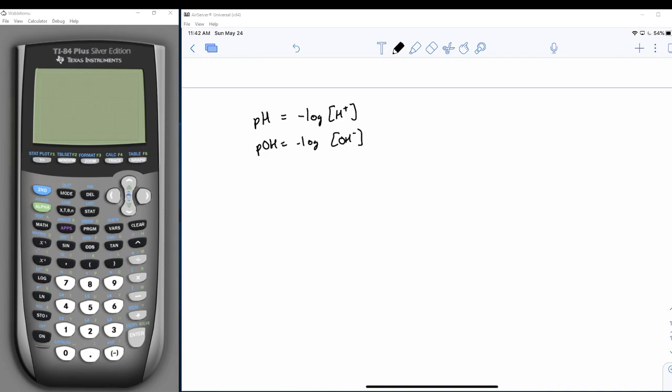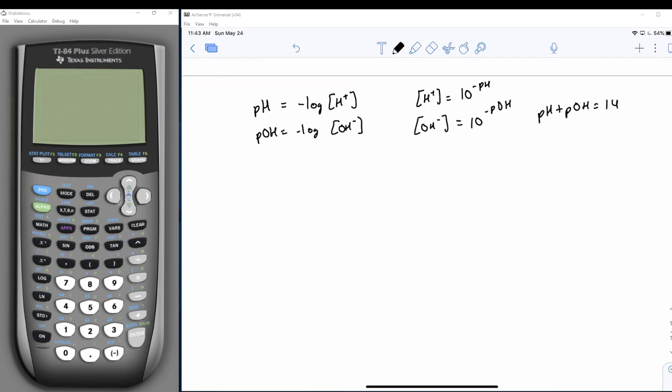You can rearrange this to get H plus is equal to 10 to the negative pH, and conversely OH minus equals 10 to the negative pOH. And for our purposes, at standard temperature, pH plus pOH equals 14. Those are really the 3 or 5 major equations that you should know for this.